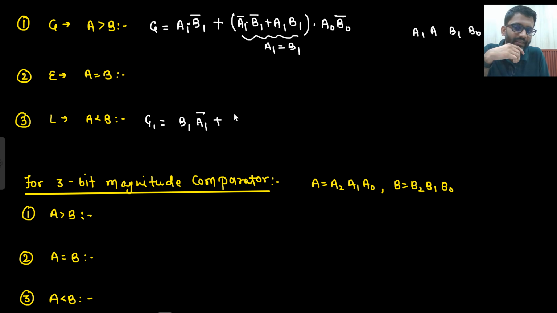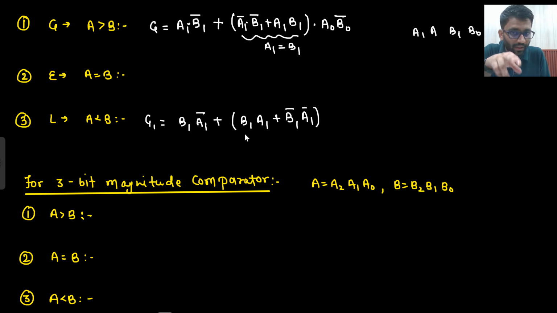What could be the next condition? That A1 is equal to B1. A1 equal to B1 could be if A1 is 1 and B1 is 1, or B1 is 0 and A1 is 0.